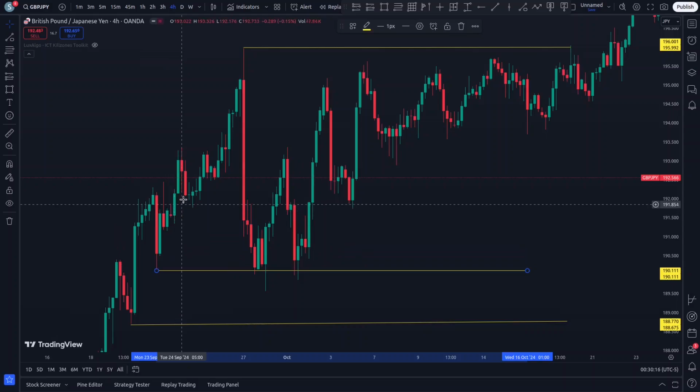Price is in a bullish trend, it creates this higher high, then price retraces back to this point and swept this liquidity. This is not a valid break, this is just a liquidity sweep. Price reached this level, creates a range, then comes back here to sweep liquidity.